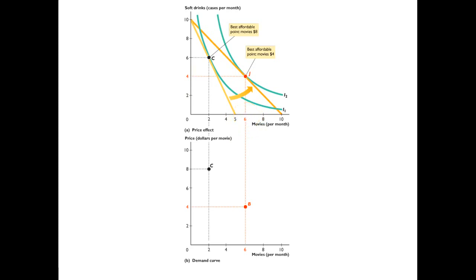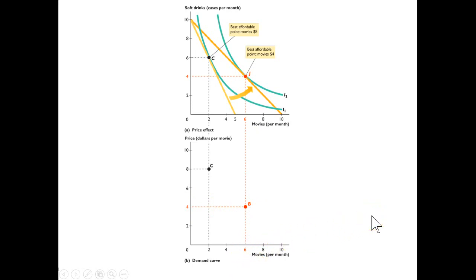So, at the price of $4, which we can represent on the vertical axis down here at $4, our rational consumer, who is attempting to achieve that which they most prefer given the constraints they face, will now select 6 movies. So at the price of $4, they will demand 6 movies.